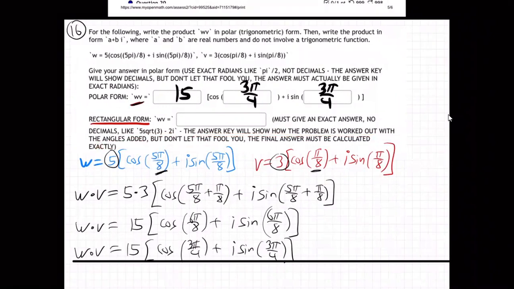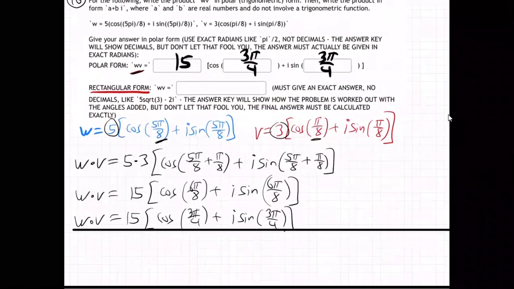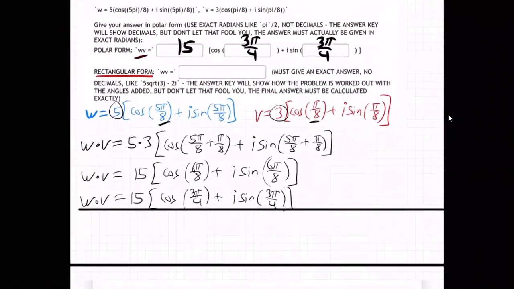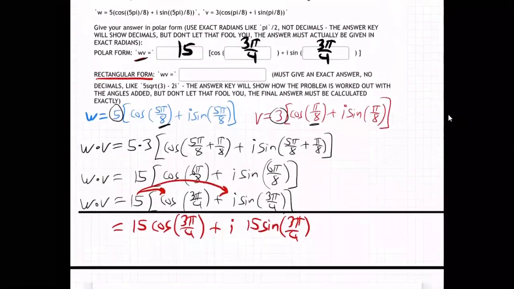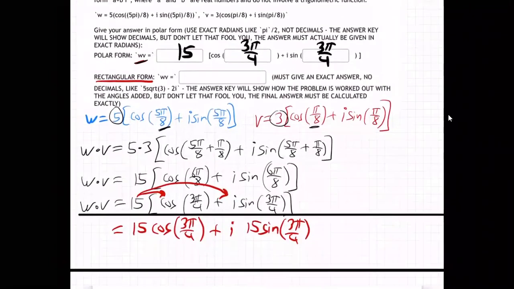The final answer must be calculated exactly. So how do we change this? All you have to do is multiply. It's going to equal 15 times the cosine of 3 pi over 4 plus i times 15 sine of 3 pi over 4.